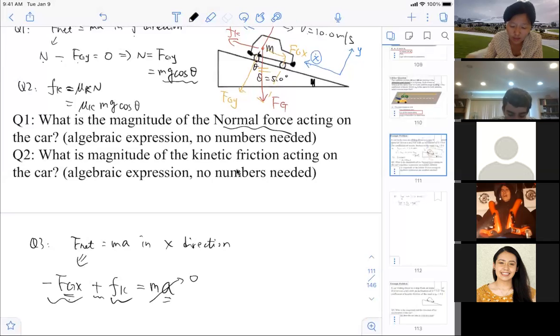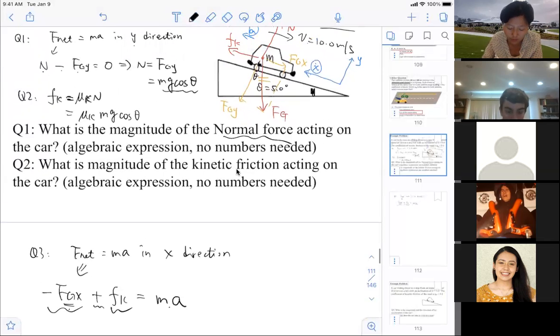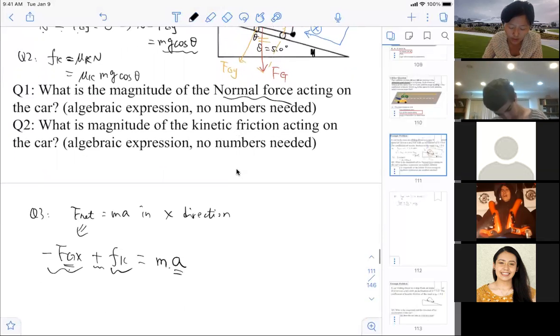But in this case, the car does have an acceleration, so the friction will not equal the component of gravity. And in fact, we will calculate how big the acceleration is. And acceleration up the ramp is positive. If you had defined downward to be positive, then you would have added a negative sign here. But since I have already said that is positive, I just say m times a.